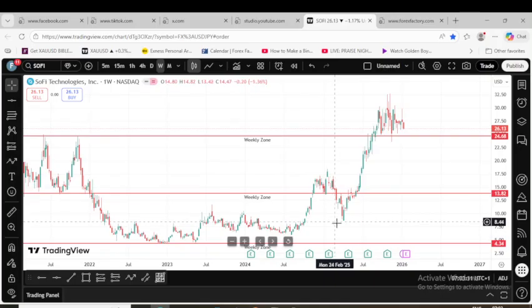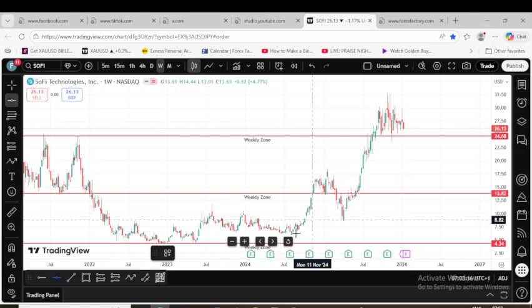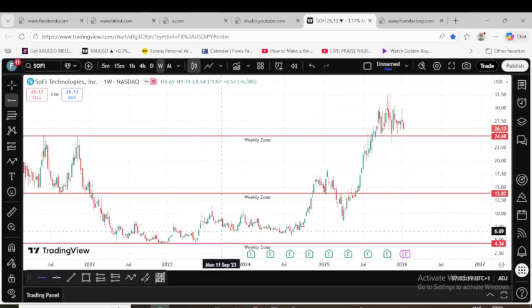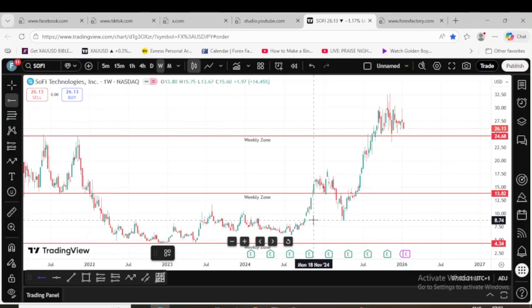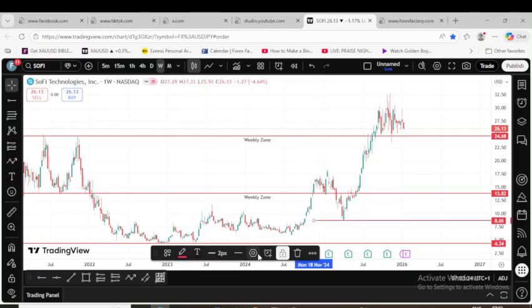It's actually a zone here, but the zone was violated, but then price came back to give it some respect. So we have a weekly zone here.